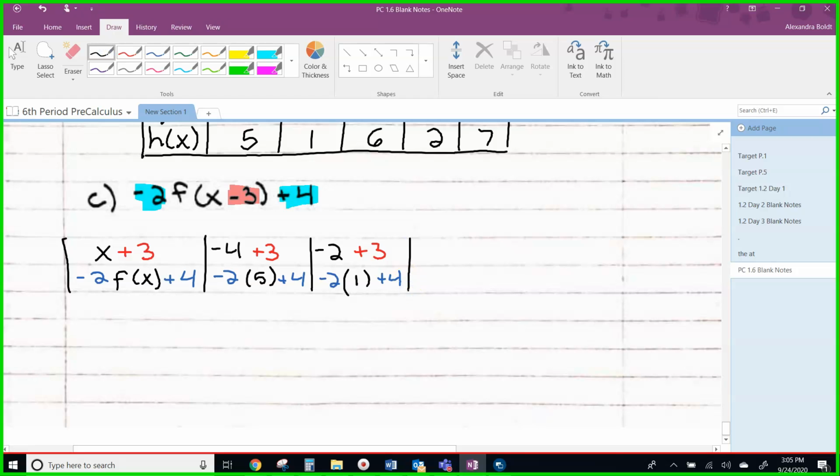And then I have 0 plus 3. And I have negative 2 times my y value was 6. Plus 4.